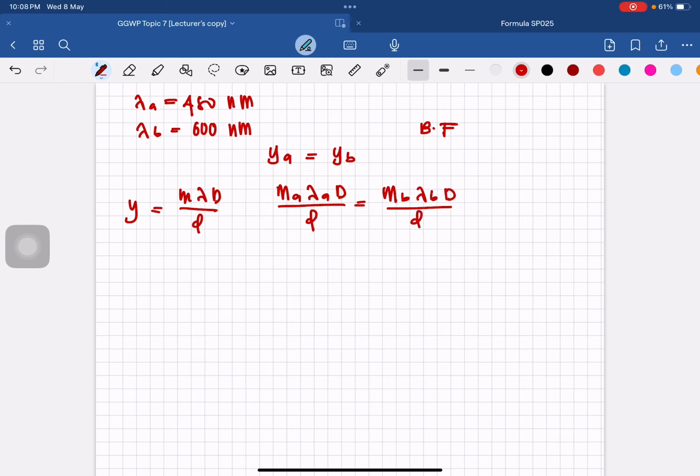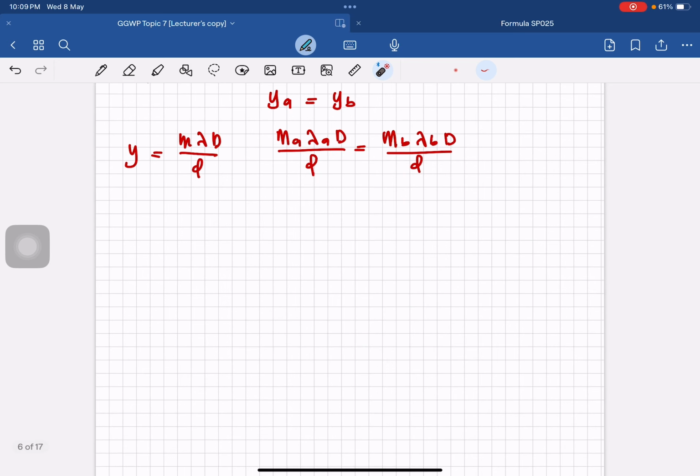Okay, so these two will be constant. Sebab dalam soalan dia tidak mention dia ada ubah screen, dia tidak mention dia ubah size of the slit. So it will be constant. So since that is a constant, we can actually cancel this. So apa yang tinggal? Yang tinggal adalah M_A λ_A, M_B λ_B.